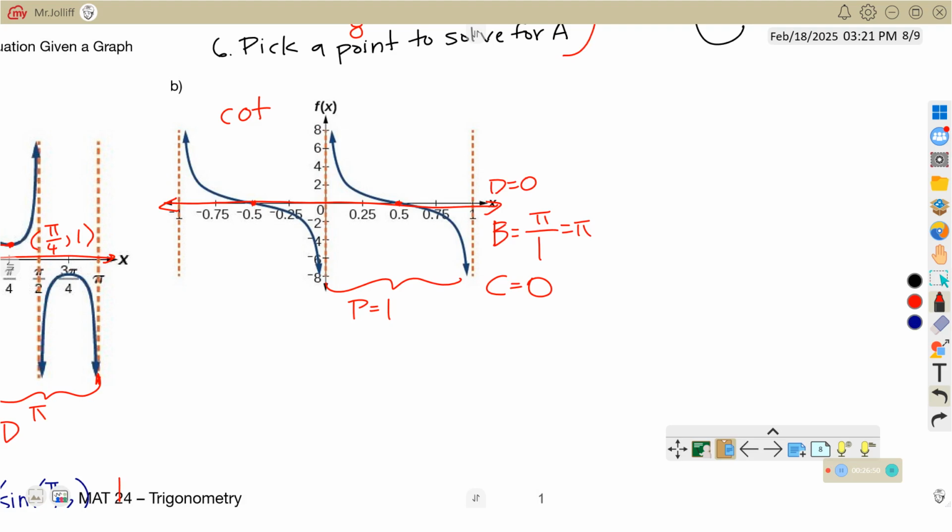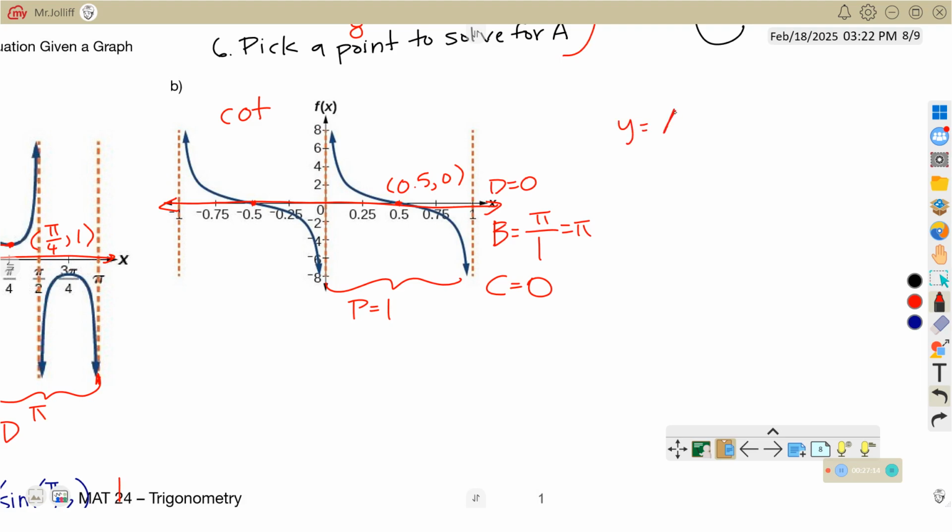Alexis, you got a suggestion? What would you use? I see one that's already been marked up there. Yeah. Why not use 0.5 comma 0? I don't see anything wrong with that. Let's try it. What does it give us?